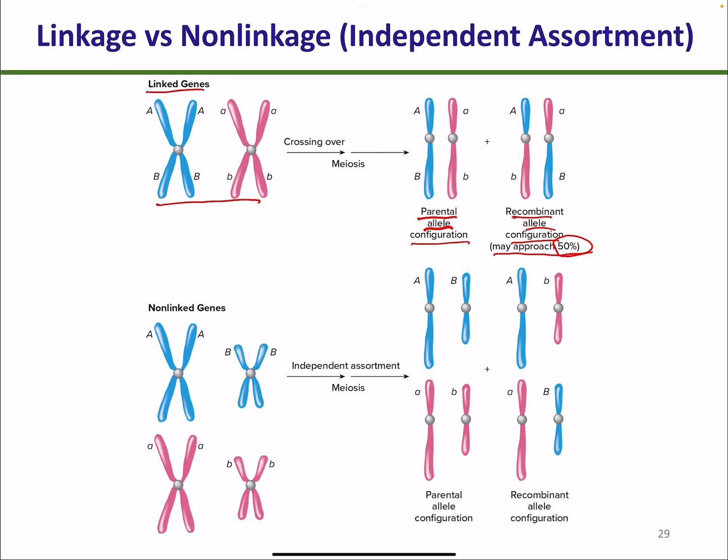This leads to the idea that we cannot always tell in independent assortment if the genes are carried by different chromosomes or by the same chromosome, because of the distance at which these two genes stand apart from each other on the chromosomes. Okay, these are details that are very important to remember.